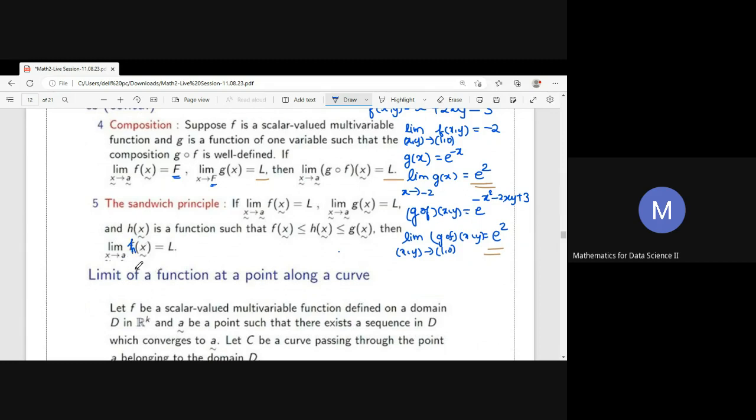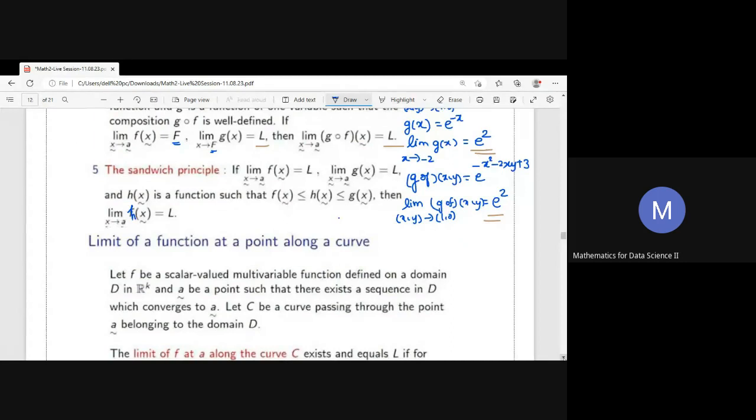So if you know that the limit of these boundary functions is L, then the function which is sandwiched in between f and g is also L. Some people call the same principle the squeezing principle or squeeze theorem. I guess you are very familiar with this from your Math 1 course.